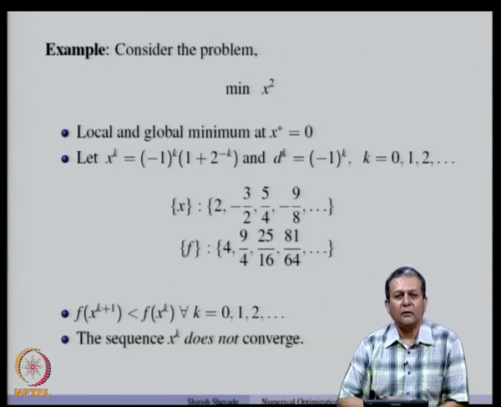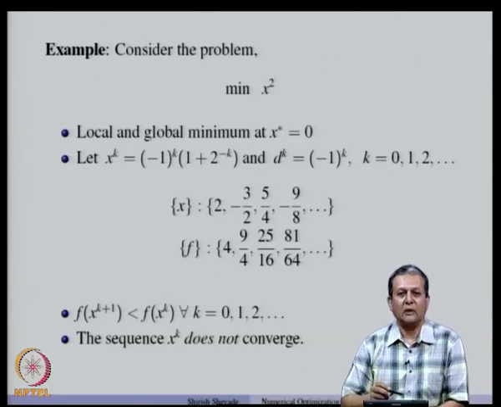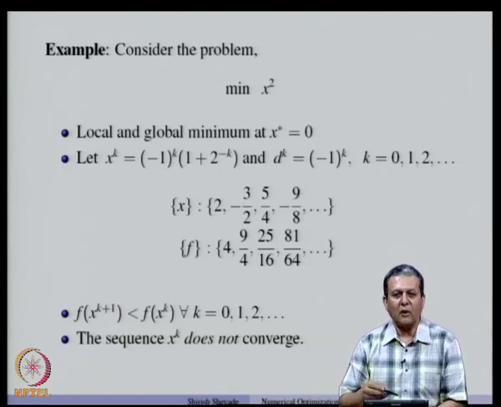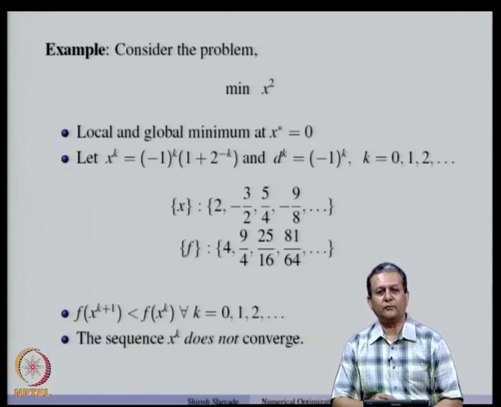So one can realize that this algorithm, although it decreases the function value in every iteration, does not converge. It in fact oscillates between plus 1 and minus 1. So, we really cannot think of convergence to a local minimum, which is 0. The algorithm oscillates between plus 1 and minus 1.